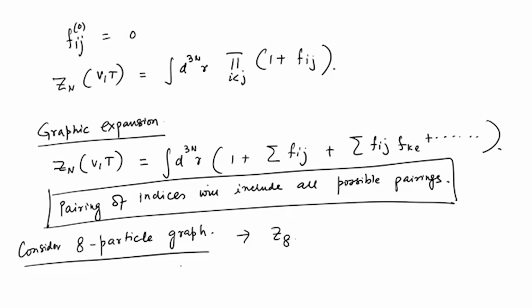These are written as numbers in circles, so these are the particle numbers written within circles: 1, 2, 3, 4, 5, 6, 7, 8. All possible pairings are possible, in the sense that there could be clusters of 1 particle, clusters of 2 particles, clusters of 3 particles, and 4 and 5 and so on, an arbitrary number of particles.